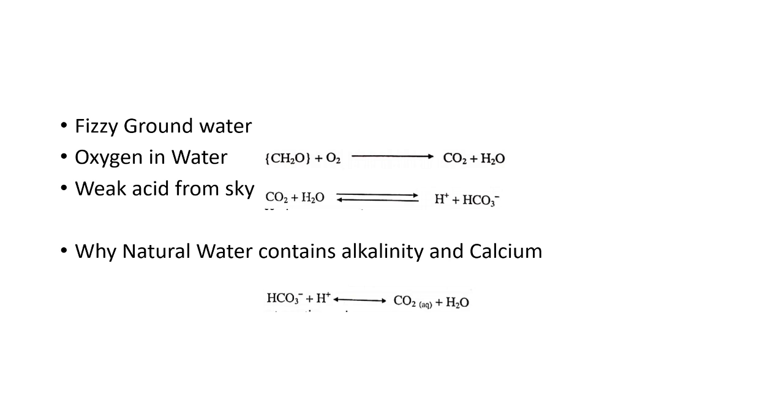This is weak acid from sky. One more important reaction that shows alkalinity of water is the reaction by which water acquires water hardness in the form of dissolved calcium. The water acquires alkalinity when dissolved carbon dioxide in the water reacts with calcium carbonate material.